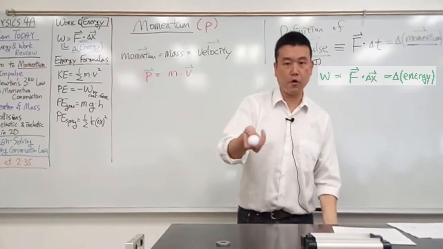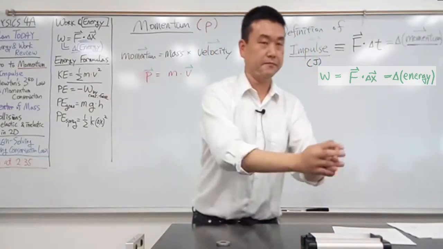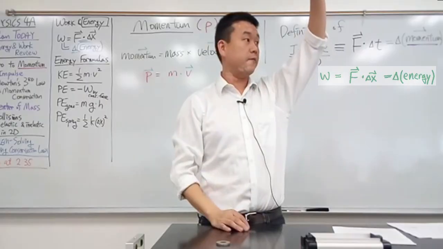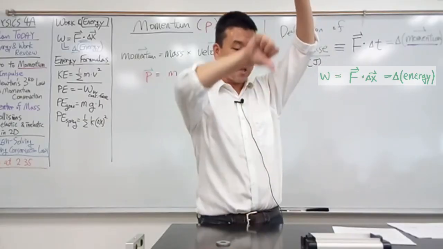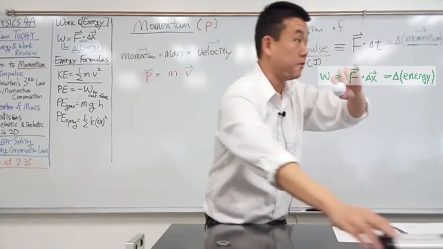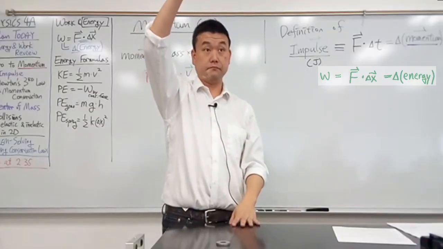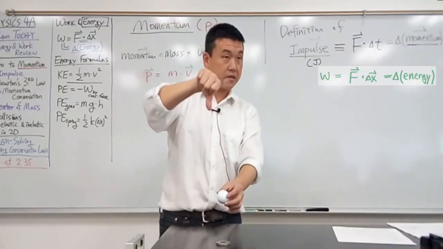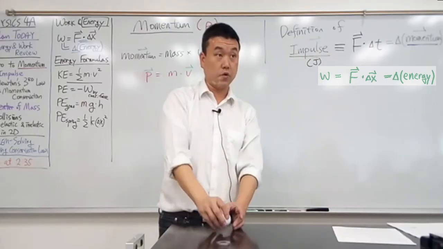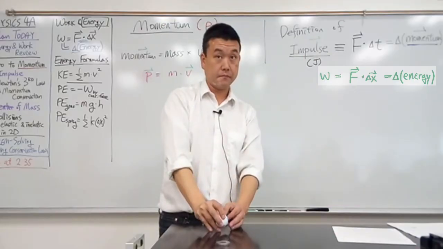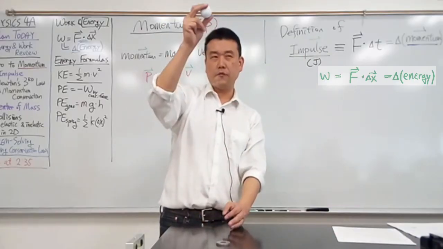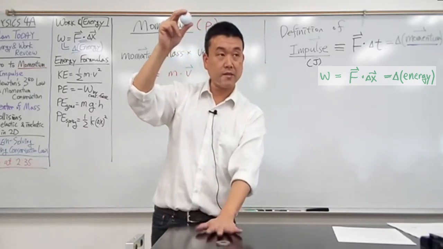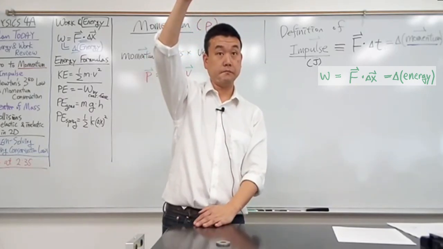So I have a golf ball. And when I drop the golf ball, this golf ball is going to have some amount of momentum just moments before it hits the table, right? So I drop it, and the moment before it hits the table, it's going to be moving at some velocity downward, so it's going to have some downward momentum. Does the momentum of this golf ball change as it strikes the table?